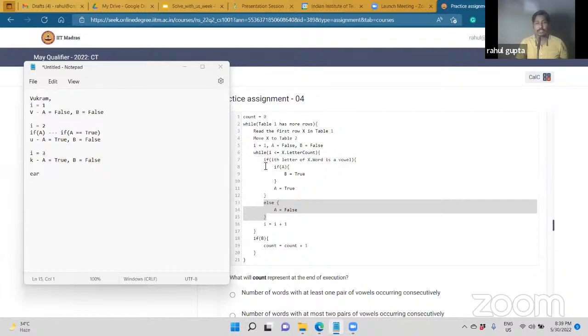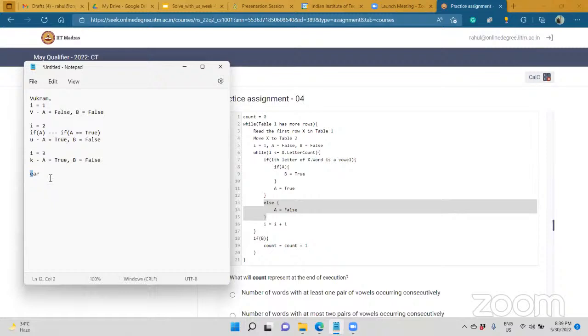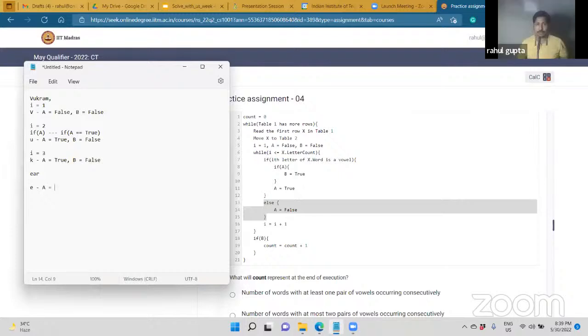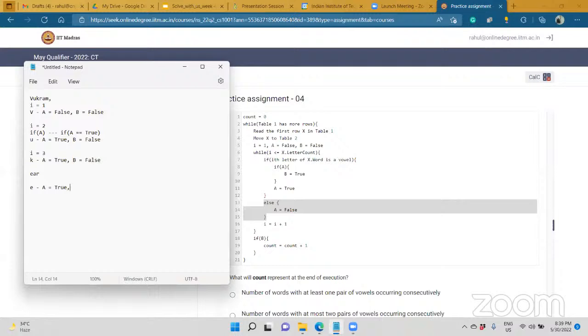Is the ith letter of x dot word a vowel? Is E a vowel? Yes, sir. Okay, so for E, A becomes true, right? Yes, sir. And B is still false, right?